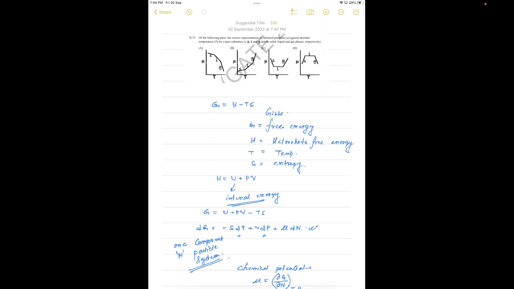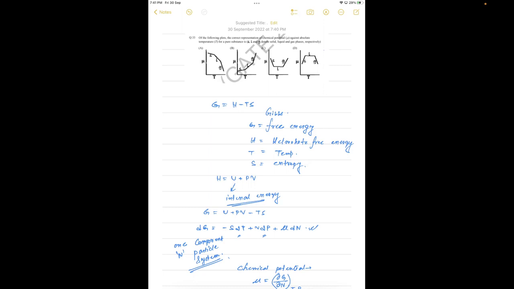So actually from this plot, del mu del T is higher in option A for the solid case, and then the liquid, then the gaseous system.